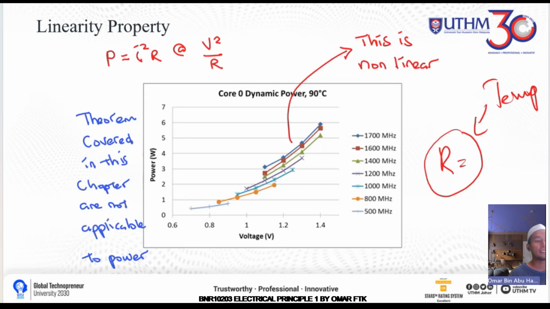So as the temperature increases, it sometimes causes the resistor to increase its value. That's why when you do some testing in the laboratory, or when you do a project, in order to get a very reliable result, you will need to run that system for a certain amount of time.